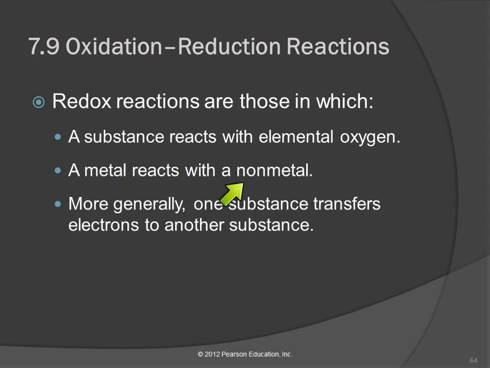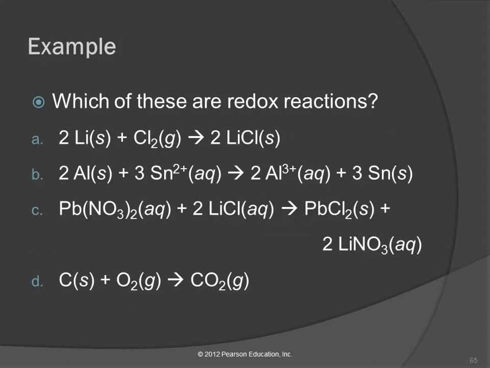They're going to form an ionic compound. How do they form an ionic compound? They have to become ions. When a metal becomes a cation, it does so by losing electrons. Where do the electrons go? They go to the nonmetal, which becomes a negative ion by gaining electrons. Transfer of electrons, redox reaction. And just in general, anytime you have a substance transferring electrons to a different substance.